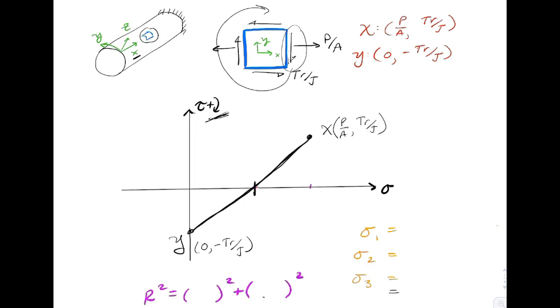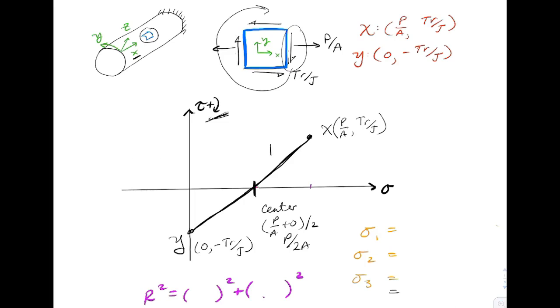By doing that, we have now found the center of the circle, and that's just going to be at P over A plus 0, quantity divided by 2. So that's just going to be at P over 2A.